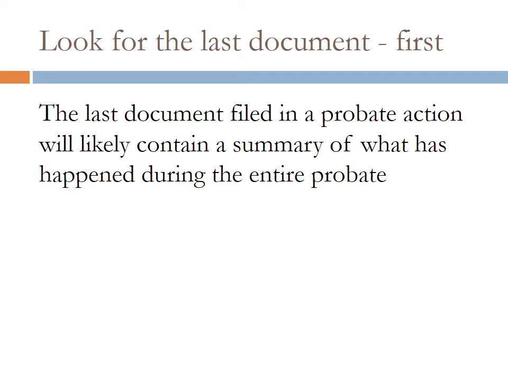The rule here is to look for the last document first. The last document filed in a probate action will likely contain a summary of what's happened during the entire probate. This is important in order to navigate the file and understand what ultimately happened with the information in the file.